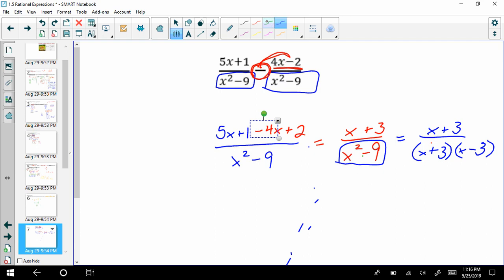And now we'll make a decision. Will anything cancel? And you should say yes, the x plus 3's will cancel. So what's still up top if they canceled? Well, there's a 1 up there. And then I'd still have x minus 3. There would be my answer.